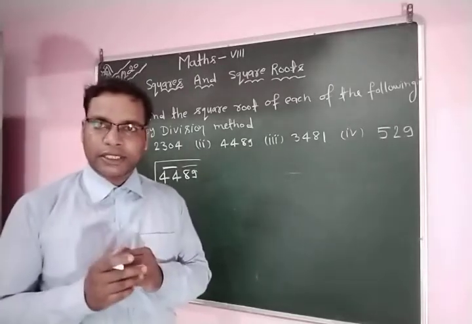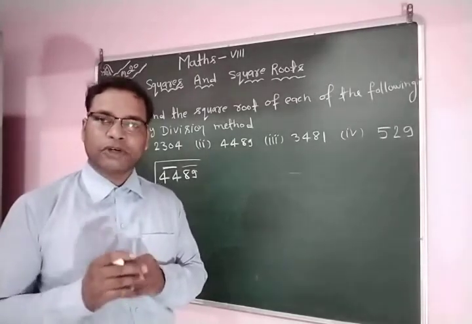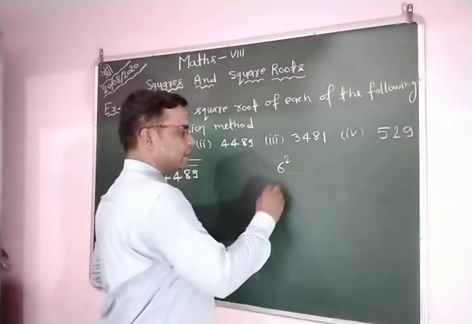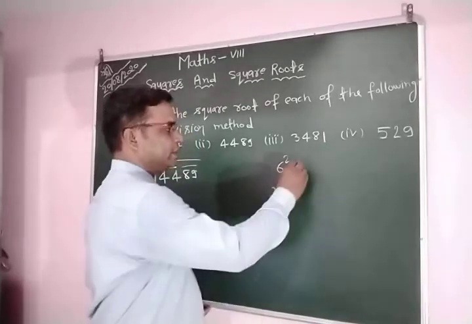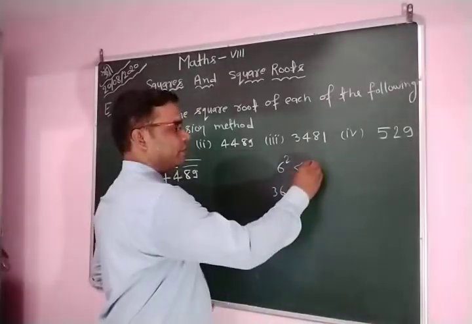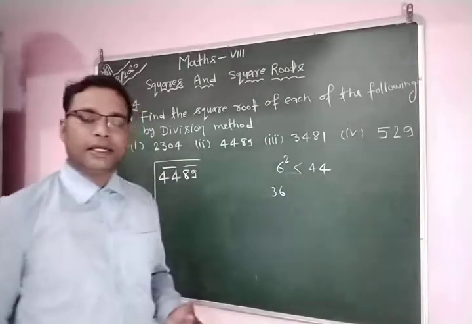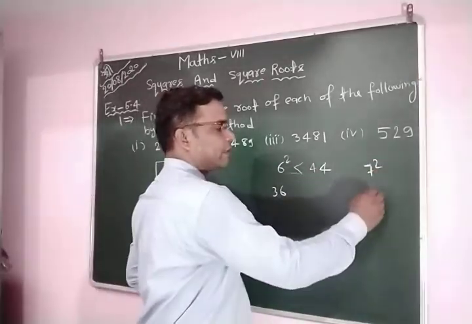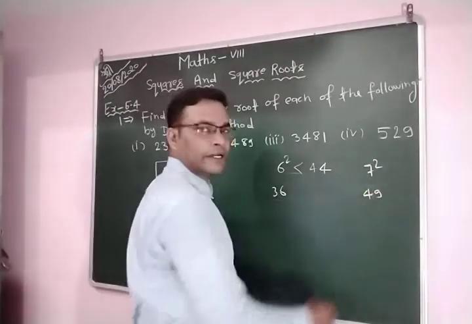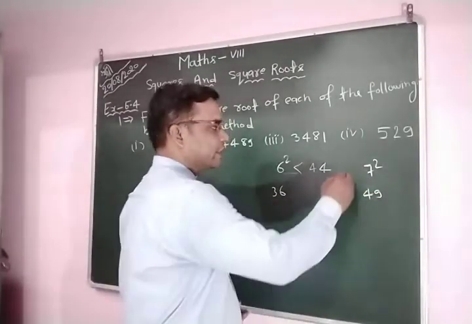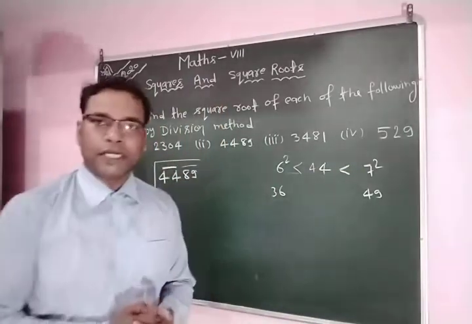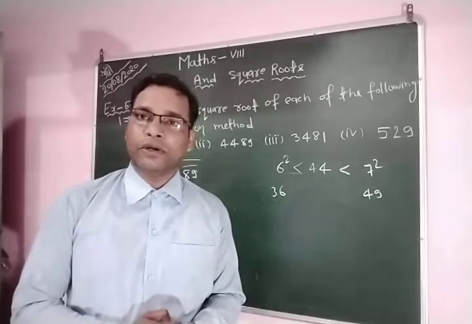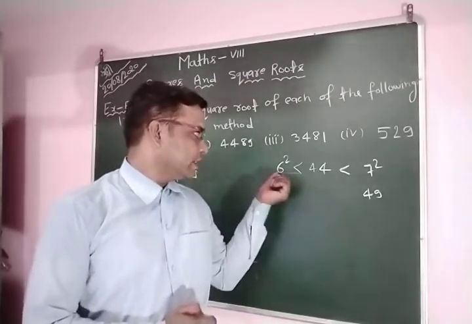If you take 6, 6 6s are 36, meaning the square of 6 is 36, which is less than 44. If you take the square of 7, it is 49, which is greater than 44. According to our condition, we select a number whose square is less than or equal to 44. So we take 6.